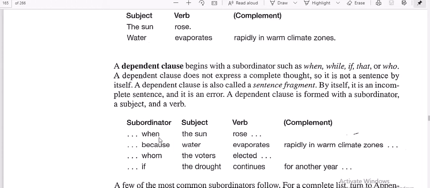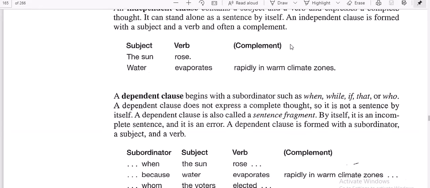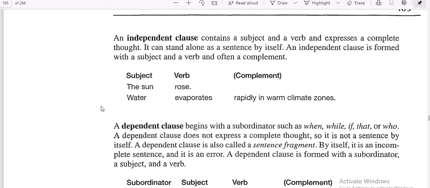Okay, and it needs another clause to complete a thought and to fulfill its meaning. But if we omit this subordinator, the clause will be independent, as in the first example, the sun rose. In the second example, water evaporates rapidly in warm climate zones.